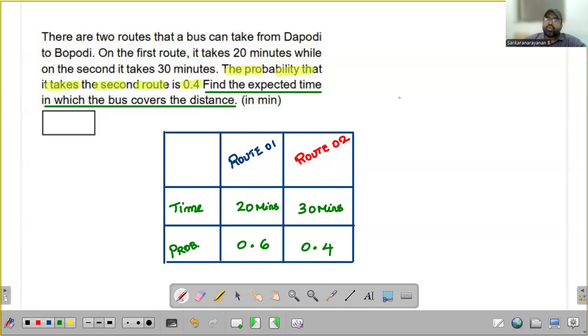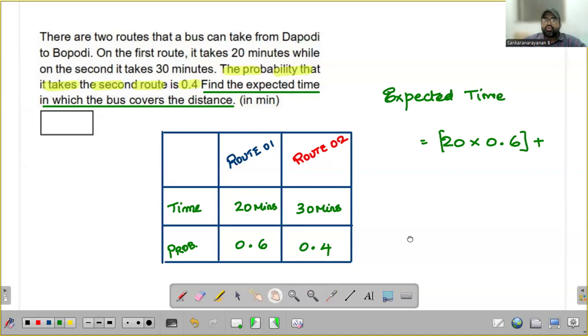So it is always calculated like this, expected time. That will be nothing but this route 1 time into the probability. Okay, please observe carefully. The route 1 time into the probability plus the route 2 time.